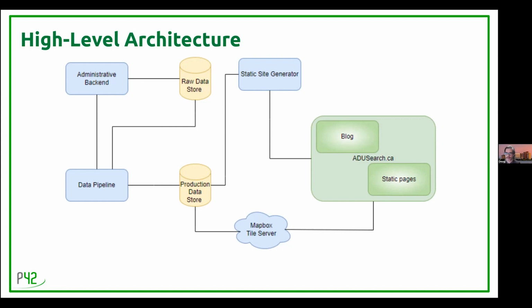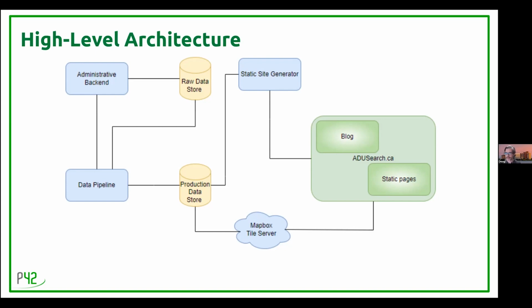And those squares are called tiles. And each different zoom level, each different tick of your mouse wheel to zoom in or out on the map, is a different zoom level and requires a completely different set of tiles. Those are the things that we are generating using Mapbox.